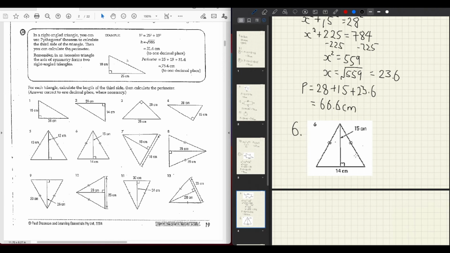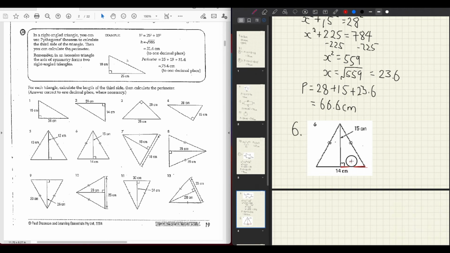As you can see, we know this side, right? We know the height. Now, do we know the base of this right-angled triangle? What I'm trying to say is, do we know the length of this? We do, right? The length of this is basically half of the 14.